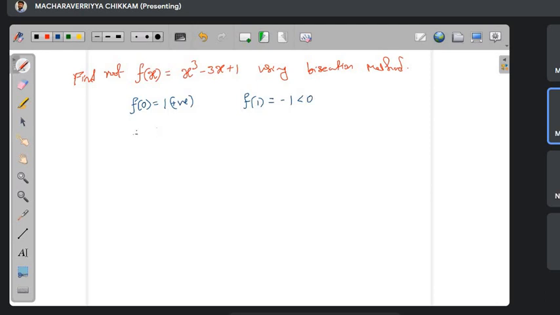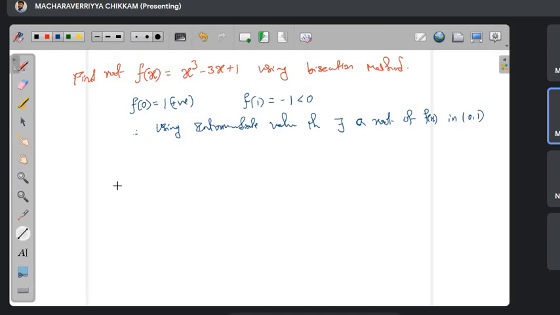Therefore, using the intermediate value theorem, which you should mention, there exists a root of f of x in 0, 1.